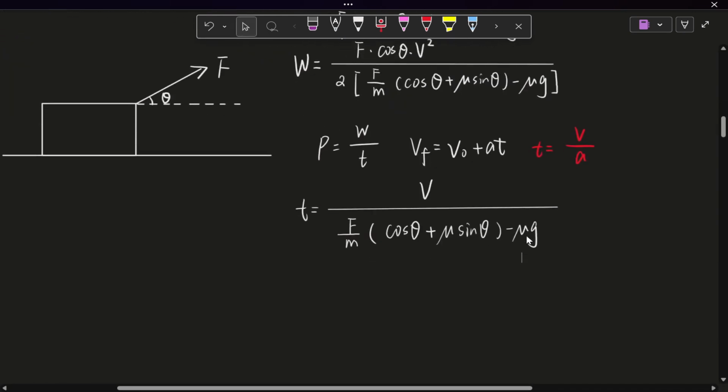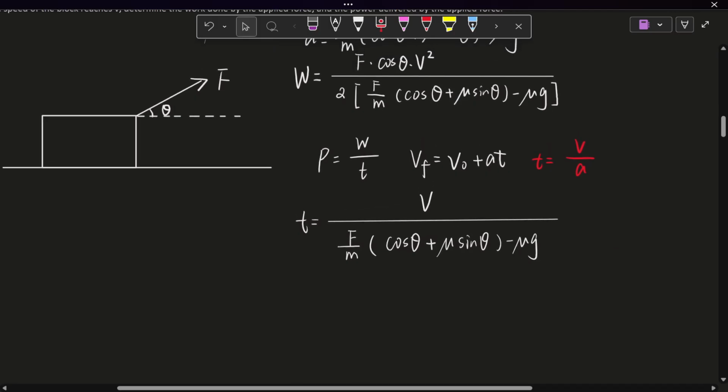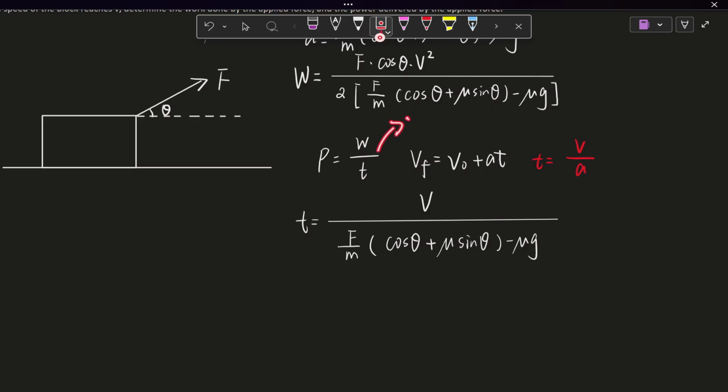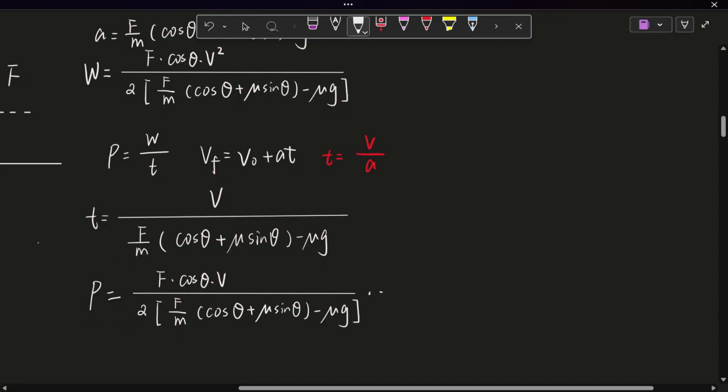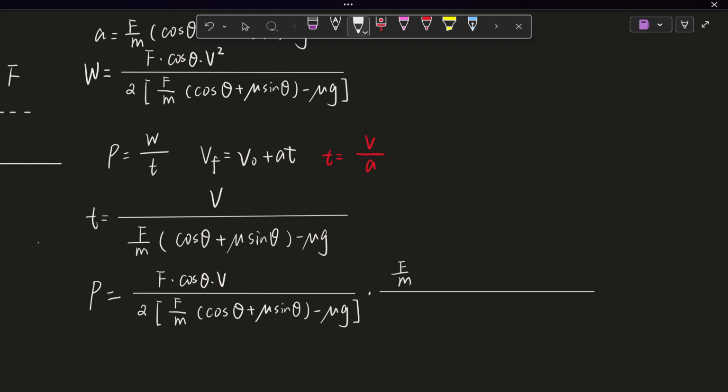And then we can plug it back into the original. P is equal to W over T, right? And then P is equal to W over T, which is basically equal to W times 1 over T, right? So it will be equivalent to P is equal to W multiplied by F over m, cosine theta plus mu sine theta minus mu g, over v.